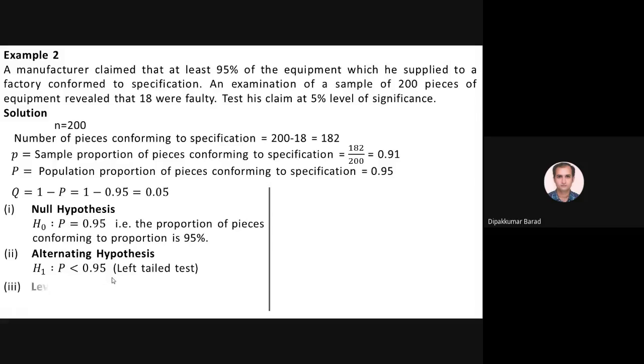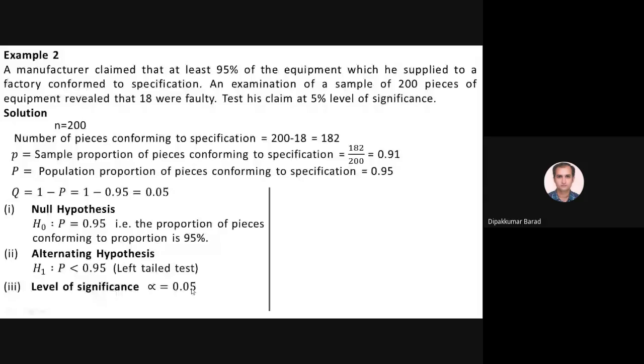Now the level of significance, which is given in the example. If it is not given, then by default we consider 5%. Here the level of significance is 5%, so alpha is equal to 0.05.